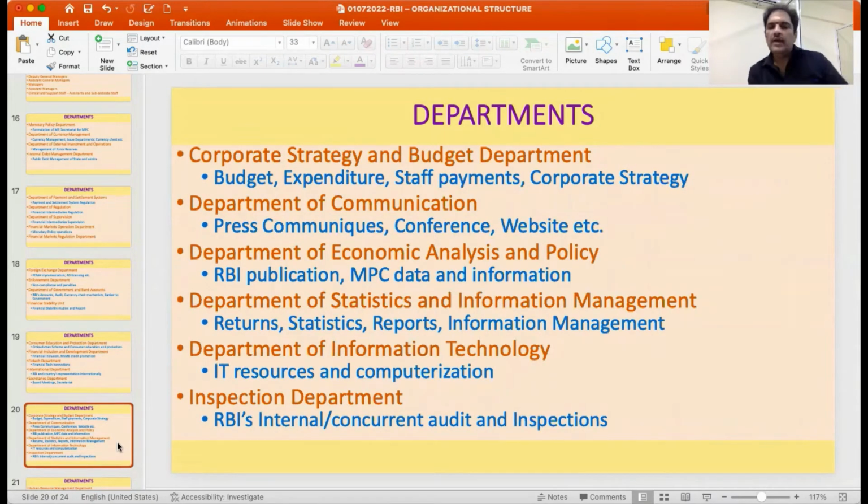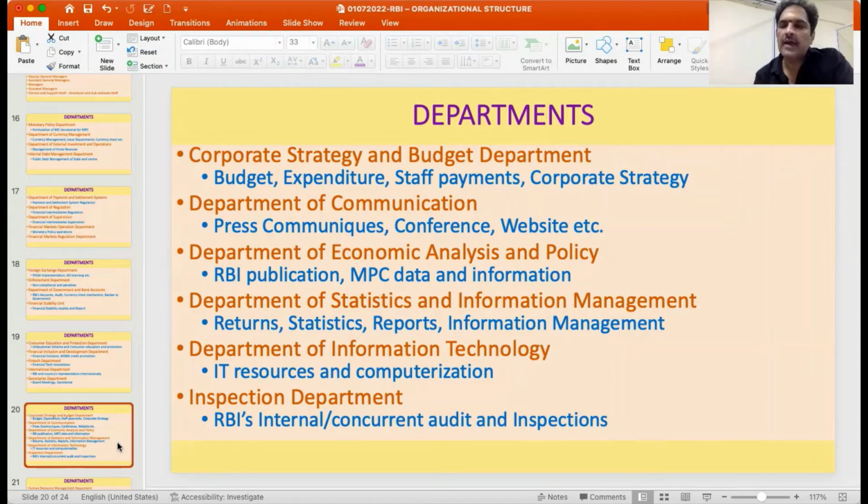Then just like other organizations, RBI also has a corporate strategy and a budget and expenditures, making of staff payments, strategy. All these aspects are handled by a department called the Corporate Strategy and Budget Department. So whenever there is any public interaction of Reserve Bank of India through press communique, conference, maintenance of RBI website, then the interaction of the governor with the press, etc., all this is handled by the Department of Communication.